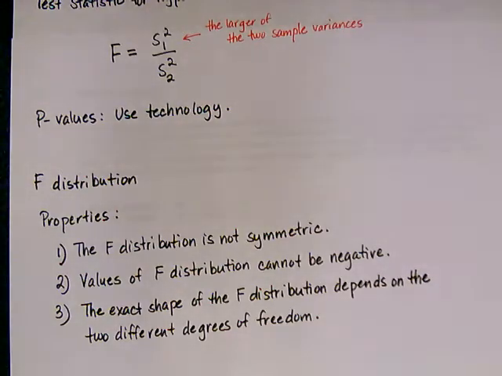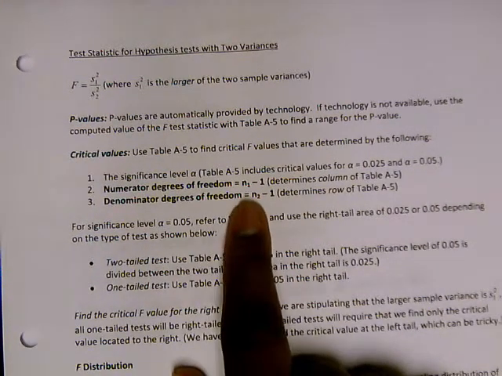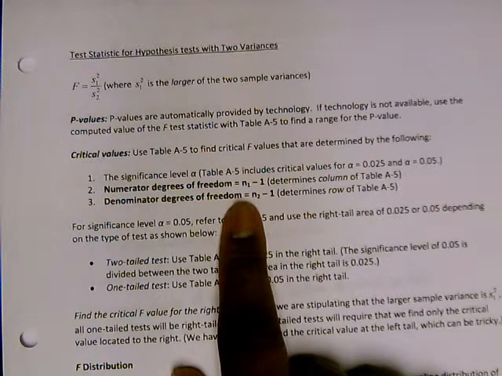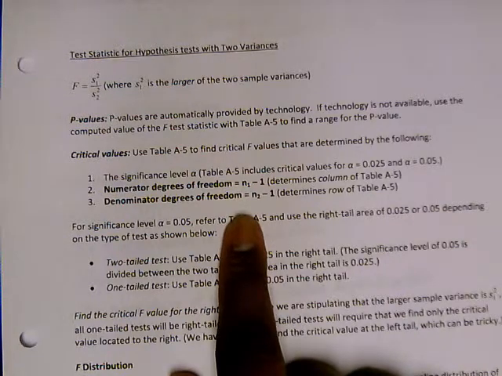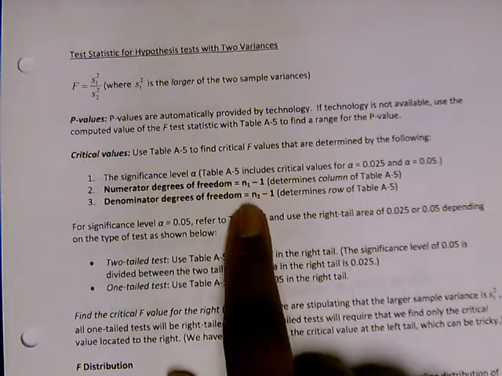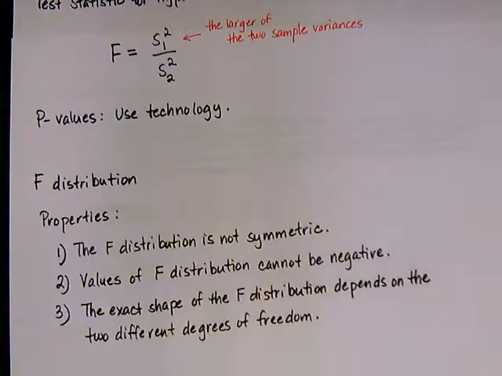Because you're given two different data sets or sample statistics, N1 is the sample size of the one that has the larger of the two sample variances. N2 is the sample size that has the smaller sample variance. So you have two different degrees of freedom, N1 minus 1 and N2 minus 1. And the shape depends upon those two different degrees of freedom.